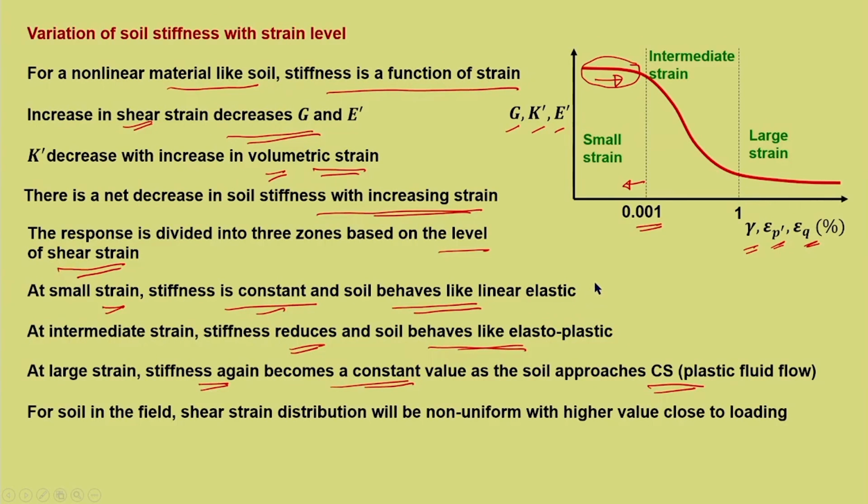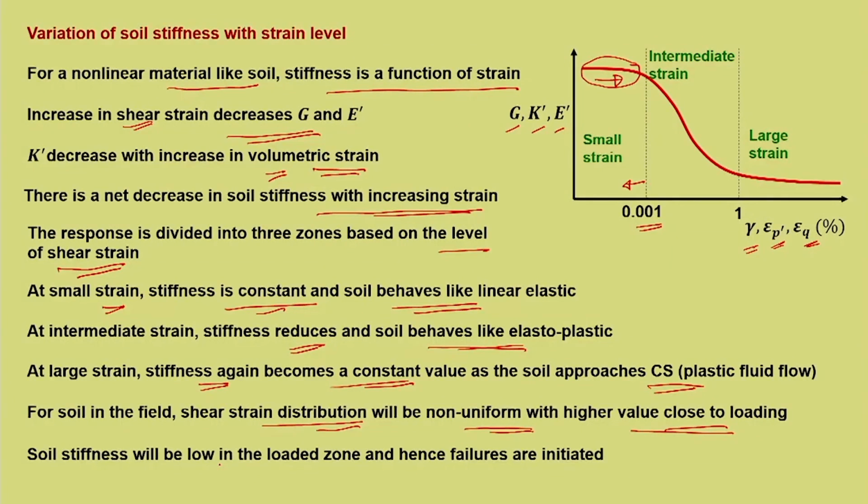For soil in the field, shear strain distribution will be non-uniform, with higher values close to the loading. So, when loading happens in the field, the strain will be high close to the loading location, and hence the stiffness in that zone drastically reduces, as per the given discussion. As the strain level increases, the stiffness starts reducing.